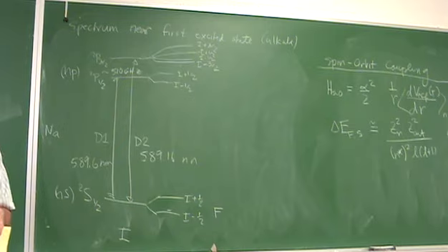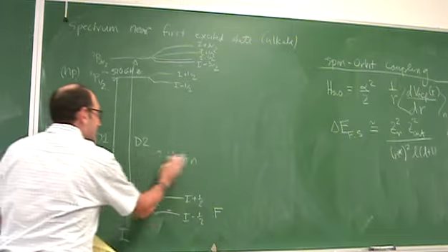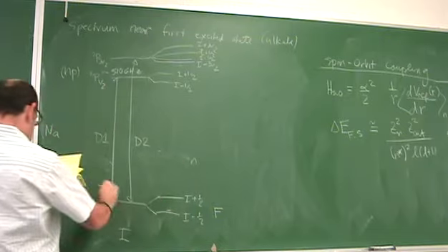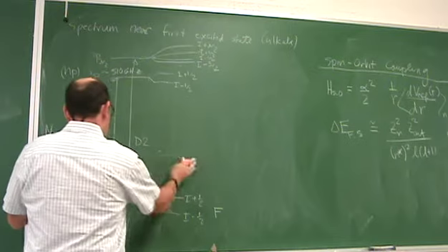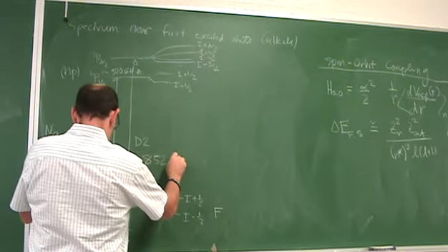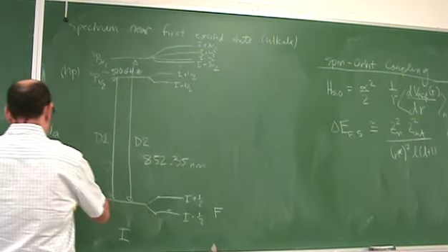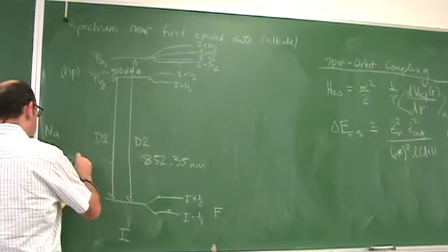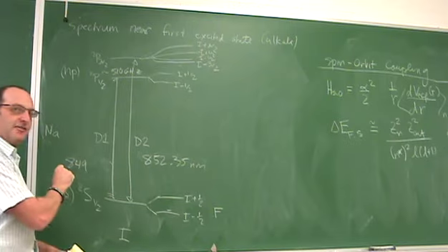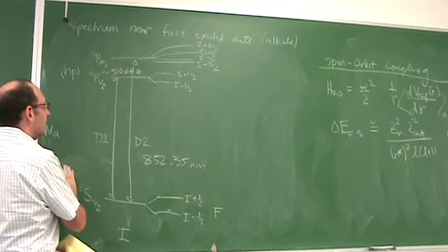For cesium, in contrast, this is 852.35 nanometers. And the other one, I forgot. Does anyone remember what it is? I should know this. 894.5 or something.